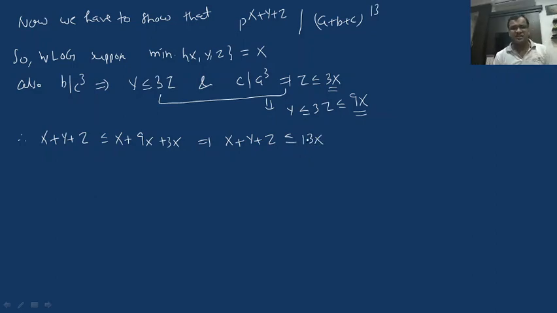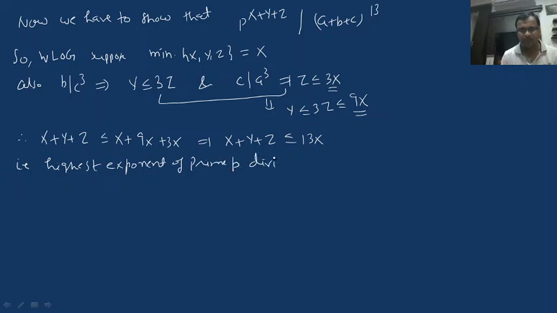That is, the highest exponent of prime P dividing ABC is 13X.